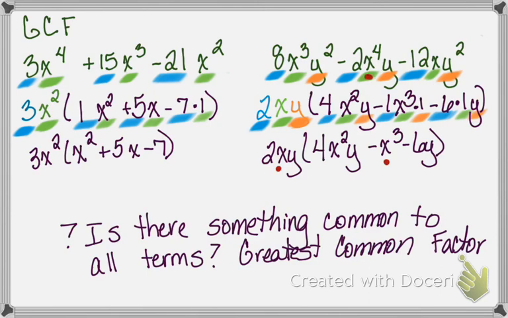Yes. So x times negative x to the third, that's going to give us x to the fourth. We have factored out of this term a 2xy. So if I were to multiply 2xy times negative x to the third, I would get this term up here. So we are breaking it down. That's why we have smaller exponents. Okay, thank you.